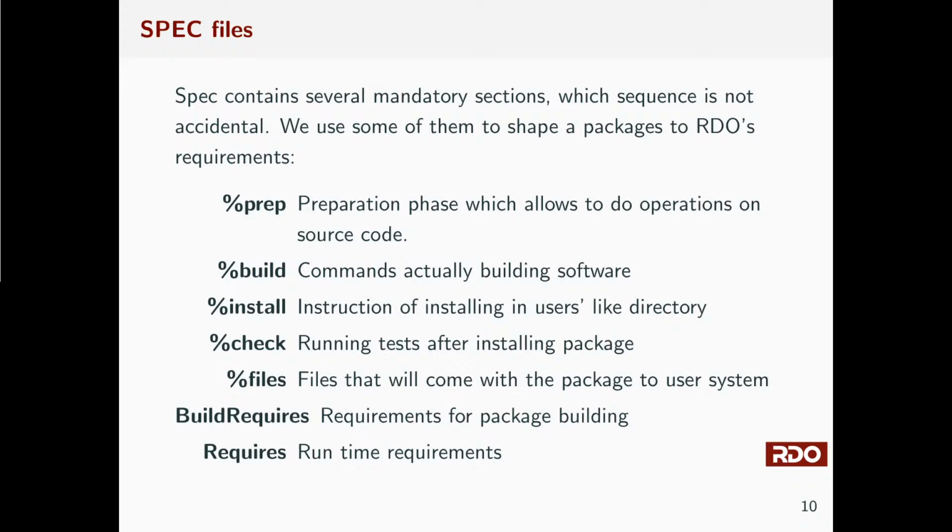We have a preparation phase where we can do some actions on the source code before we start to package it, the build phase, the installation phase, the check phase where we run tests on the package, the files section where we specify what will be on the user's system, and two directives that are very important for RDO: BuildRequires and Requires, which say what dependencies will be used for building a package and what will be used for its runtime.